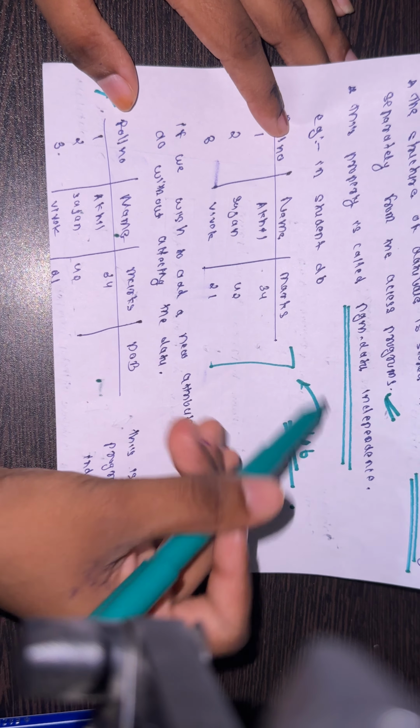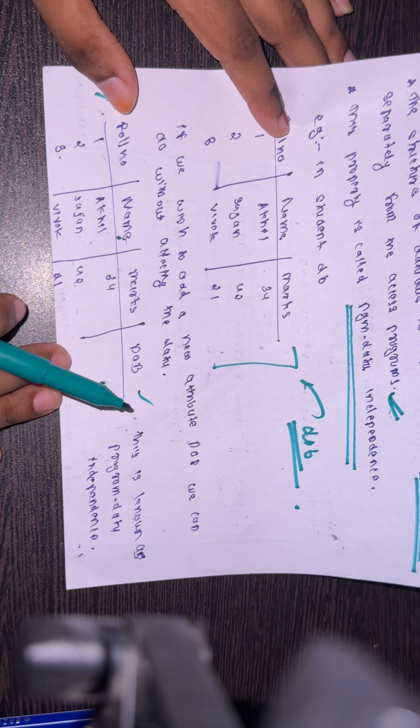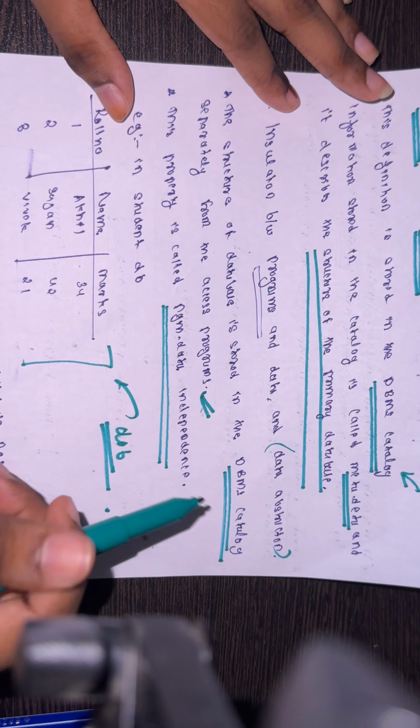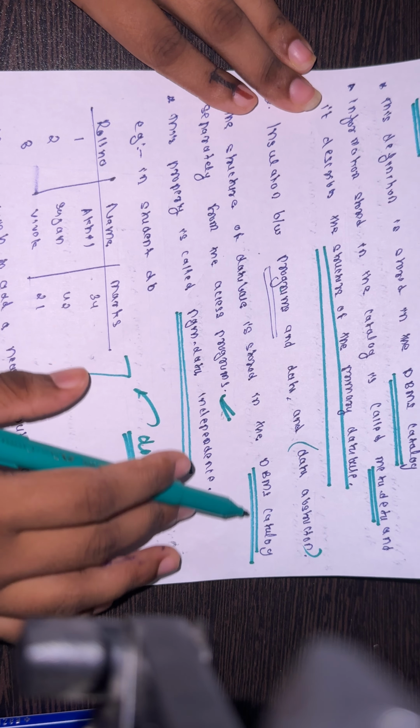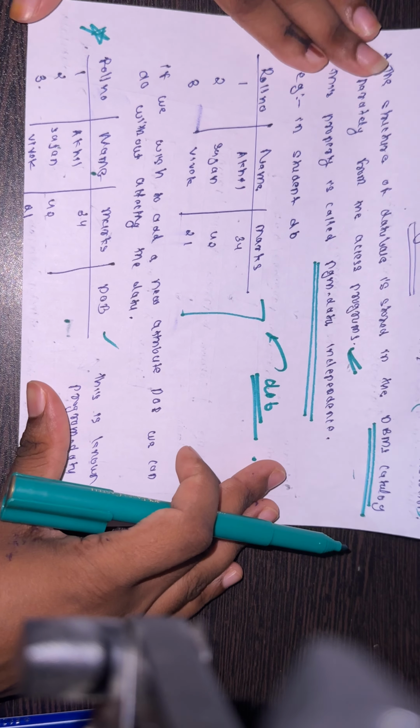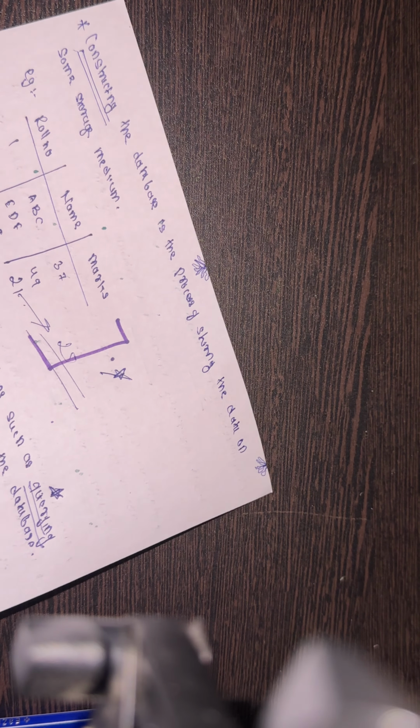It just adds the date of birth column directly, because the metadata, that is the DBMS catalog, and the accessed data are stored separately. This is called program-data independence. This is important for us to know, and this is the first thing we are learning here.